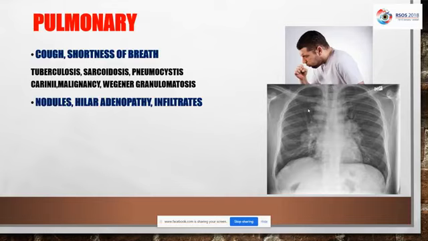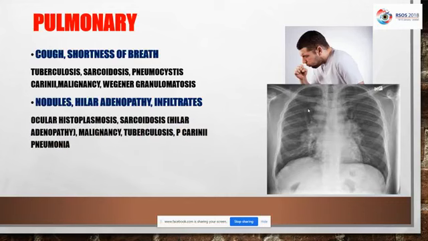In those patients with findings in the chest X-ray, if you find nodules, if you find hilar lymphadenopathy, if you find a lung infiltrate, you need to exclude ocular histoplasmosis, you need to exclude sarcoidosis with hilar lymphadenopathy, you need to exclude malignancy as a part of the masquerade syndrome if there is a uveitis in the eye without an explained etiological diagnosis.